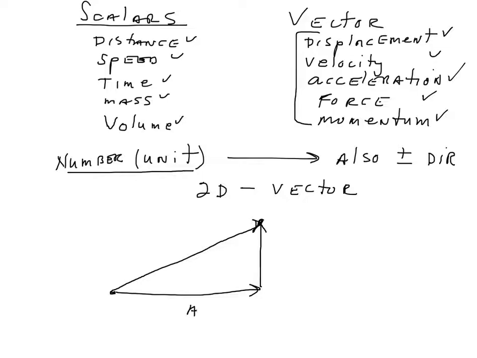So we could call this vector A. We'll put an arrow over the letter to indicate it's a vector.